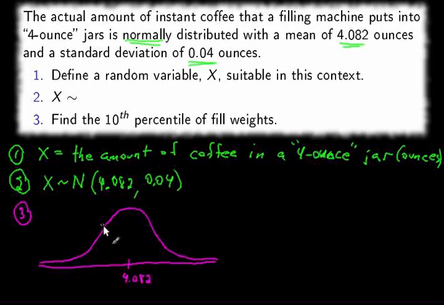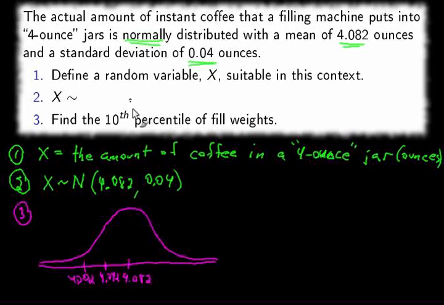And the standard deviation is 0.04, so one standard deviation away is 4.042. That's getting a little sloppy. Then we jump one more standard deviation and we're at 4.002.